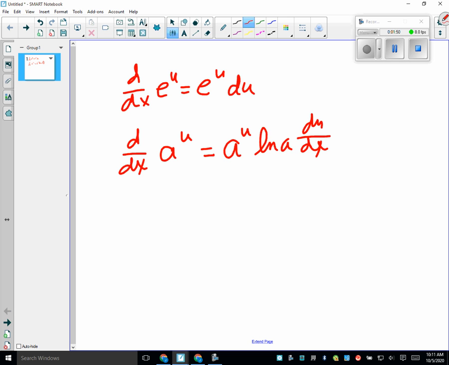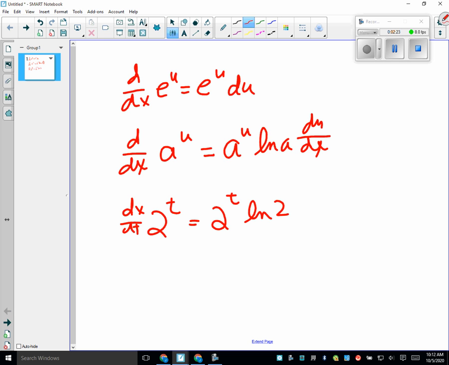All right? For example, what is the derivative of 2 to the t power? 2 to the t, ln of 2 times 1, right?